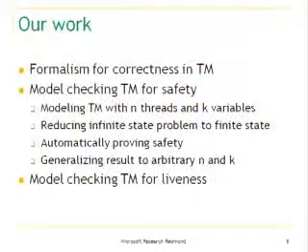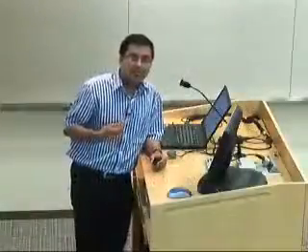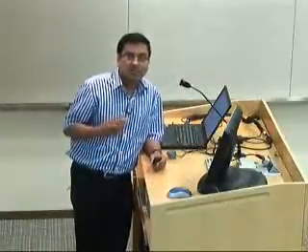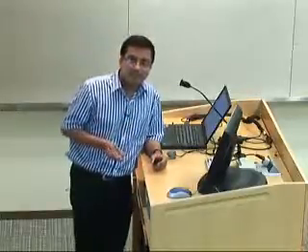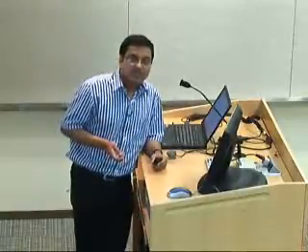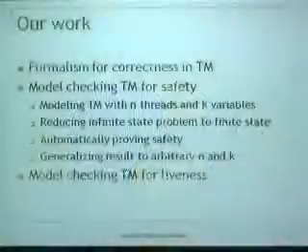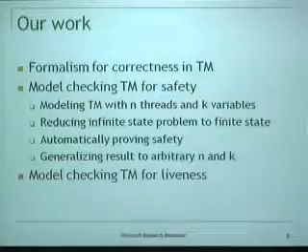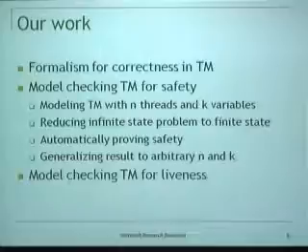So what we did is, first of all, we formalized transactional memory and the correctness properties we want. We model checked some existing transactional memories for safety. So how do we do that? We first model a finite case of transactional memory with n threads and k variables, and then we see that transactional memory, even for a finite number of threads and variables, leads to an infinite state space.